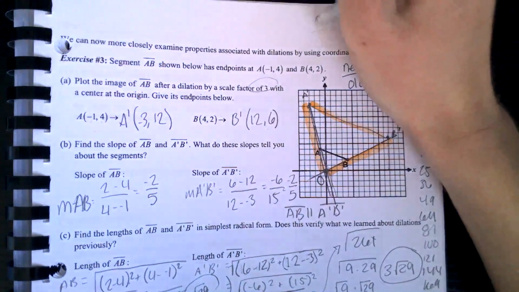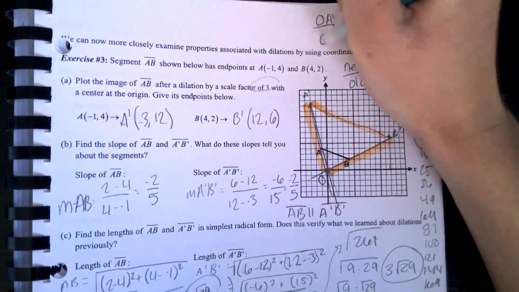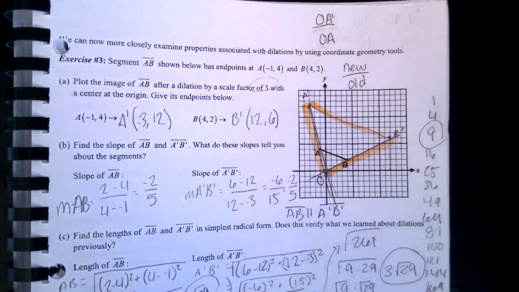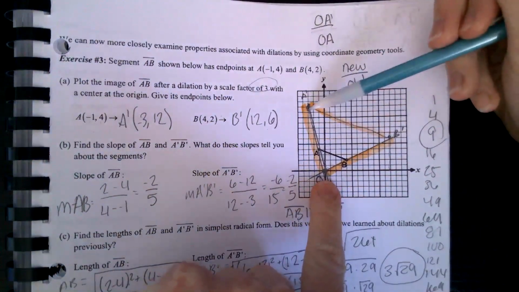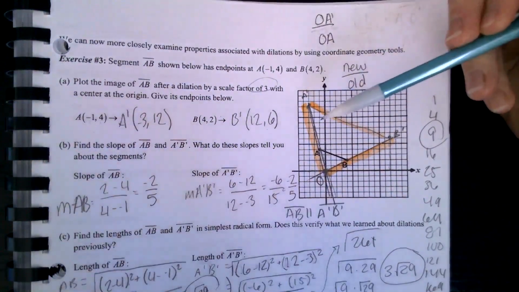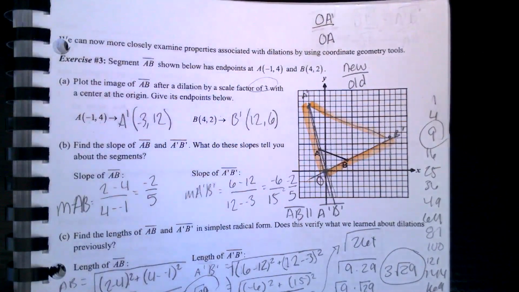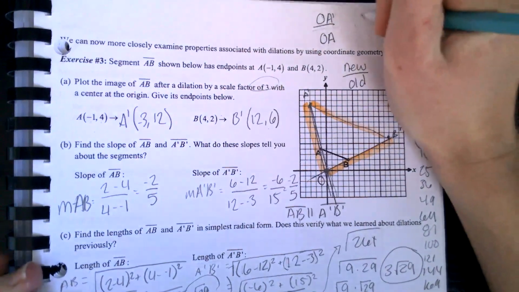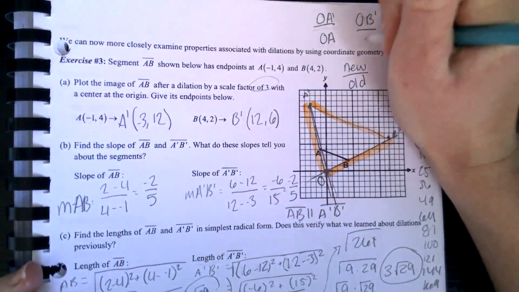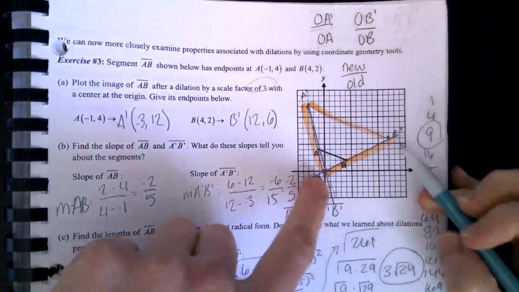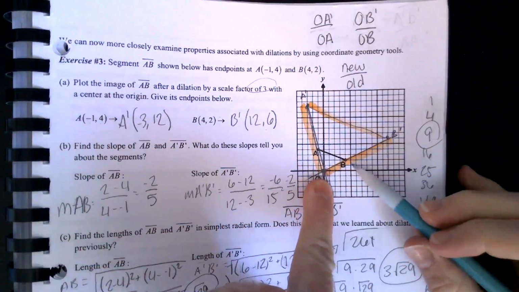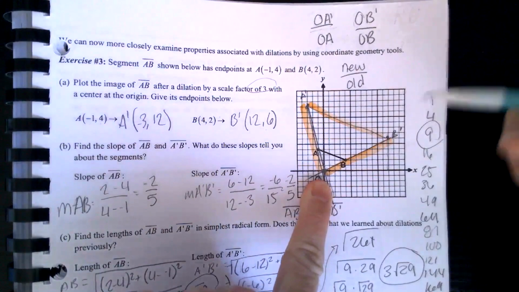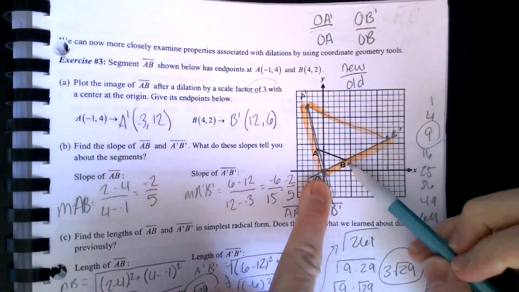One of them is OA prime over OA. OA prime is the image of OA after the scale factor, after the dilation. Another ratio that we could use to find the scale factor is OB prime over OB. Again, OB prime is the image of OB after the dilation.